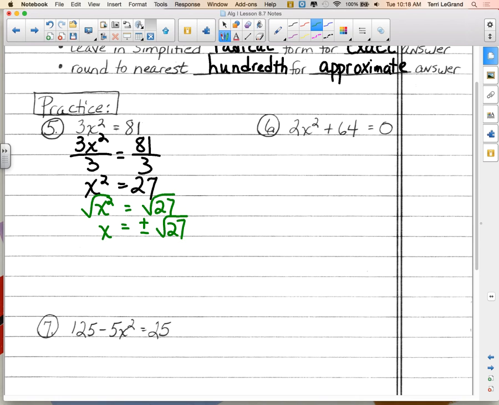So are there any factors of 27 that are perfect squares? Yeah. So we can rename this as positive or negative, the square root of 9 times the square root of what? What is 9 times what is 27? 3. We can break it up like that.